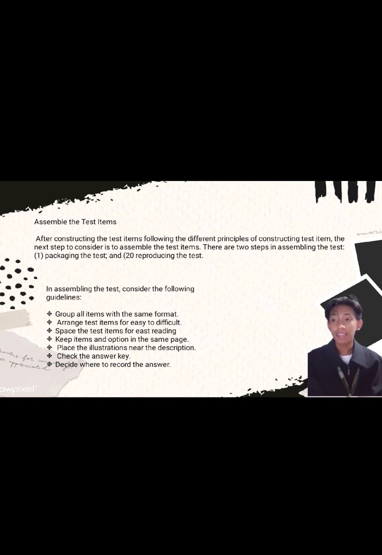So here are the following guidelines in assembling the test items, such as group all items with the same format, arrange test items from easy to difficult, space the test items for ease of reading, keep items and options on the same page, place the illustrations near the descriptions, check the answer key. Decide where to record the answer. Alright.